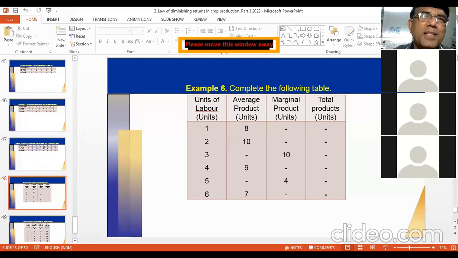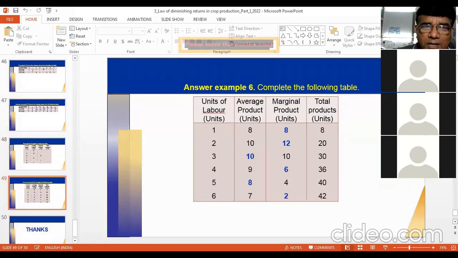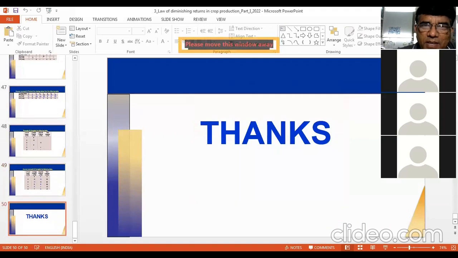It does not matter whether practical is there in your course or not, but wherever I feel that I should teach you some practicals, I will teach you here and there. So you can complete this table the same way and use your brains. Answers are also given for your convenience.